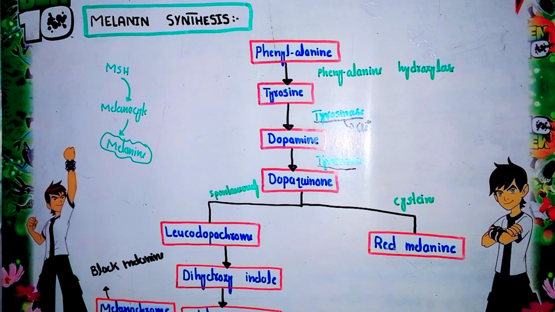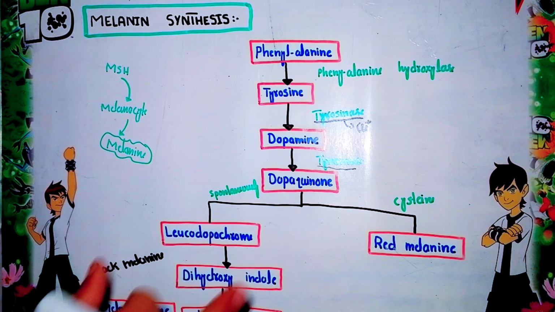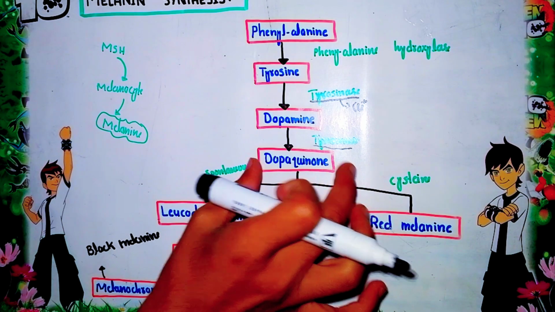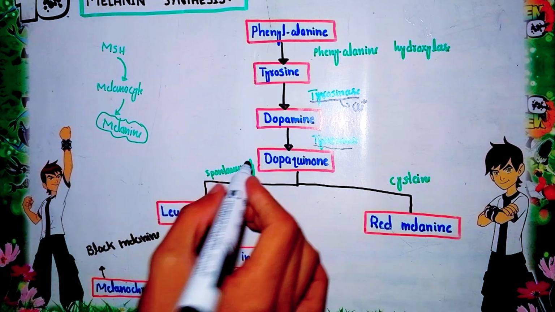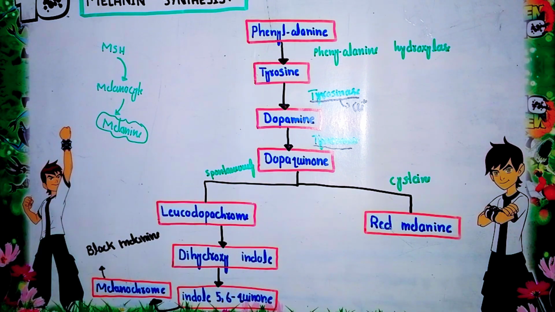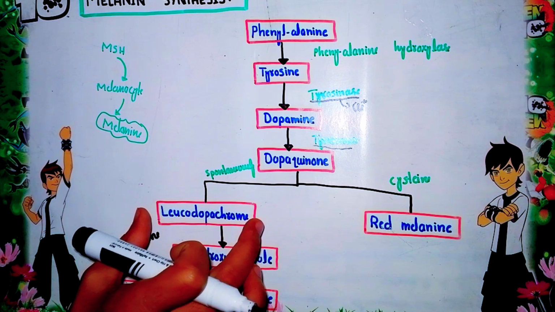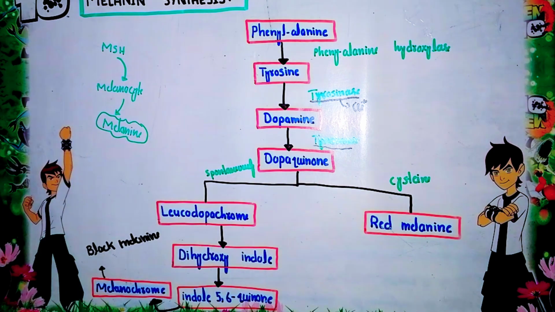Here two pathways occur. This dopaquinone is spontaneously converted into leucodopachrome. This process occurs spontaneously, forming leucodopachrome from dopaquinone.